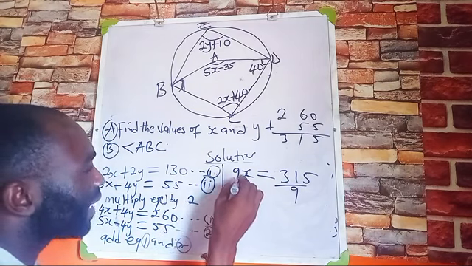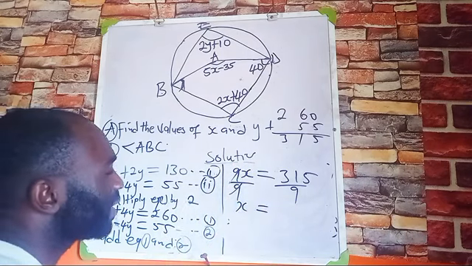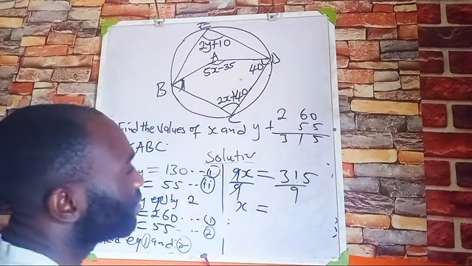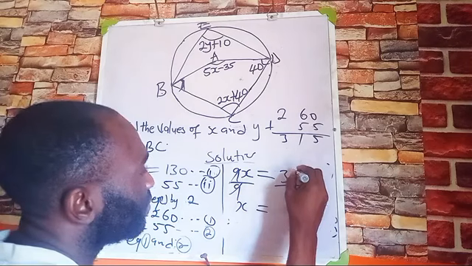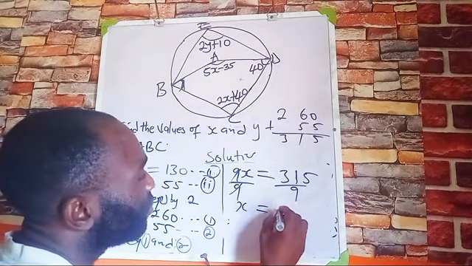We know that 9 divided by 9 is 1, times x. 315 divided by 9 will give us 35.